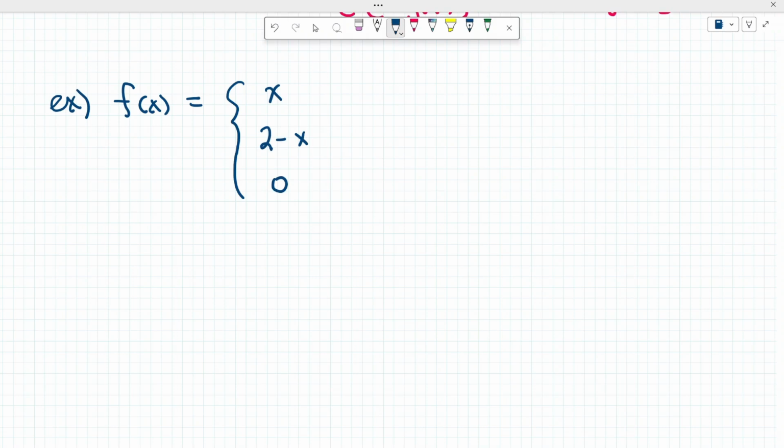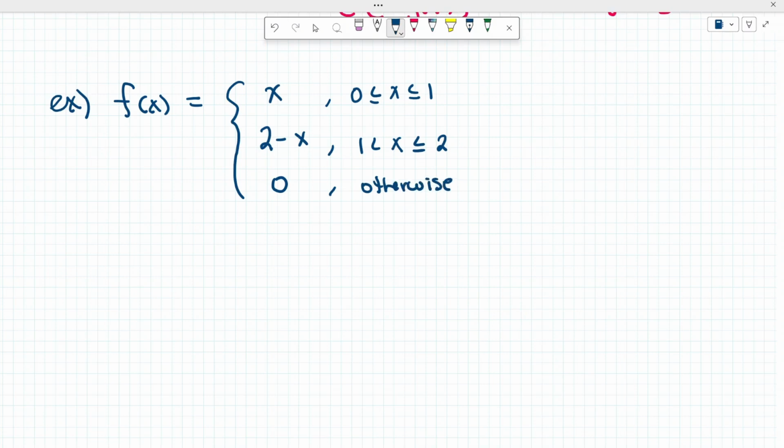So say we have this function over here. We can tell that it's piecewise because it takes on a different function for different values of x. This function equals x when x is between 0 and 1. It equals 2 minus x when x is greater than 1 and less than or equal to 2, and 0 otherwise.